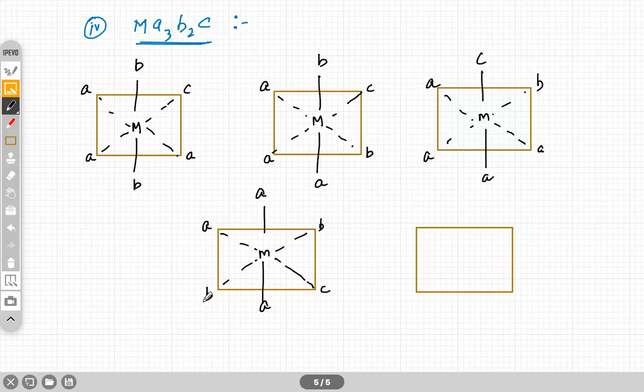This is B. You can also think of this structure B, C, M, A.